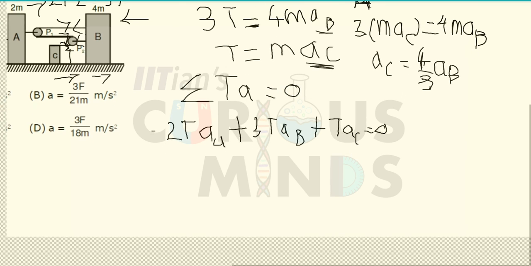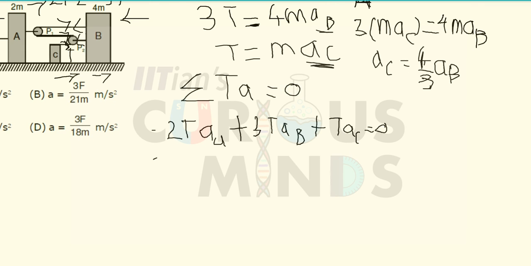Let us calculate over here. So 2T into a, and T will get cancelled out over here. So 2aA, T will get cancelled out from the entire equation, plus 3aB plus 4 by 3 aC, this is negative, is equal to 0.